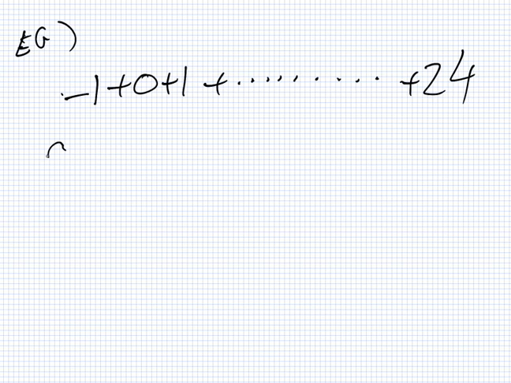Alright. Here I want to add all of these together. Now, you know what the A is. What's the A? 1. Minus 1. What's the D? 1. And what's the N? Somebody always says 24, not 24. How? Well, we don't know, do we? So the first thing we'll need to do is calculate the n.